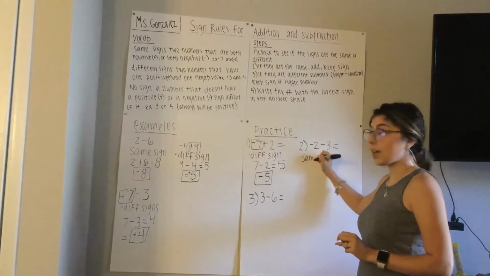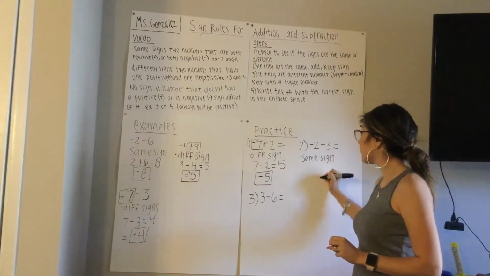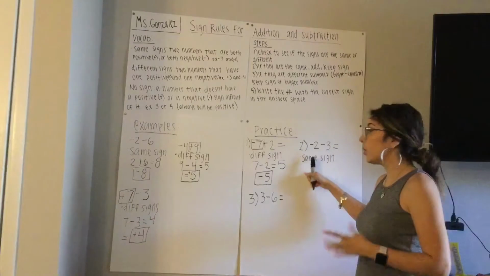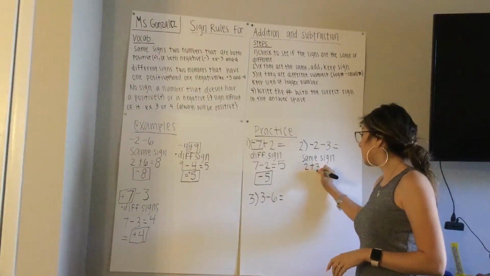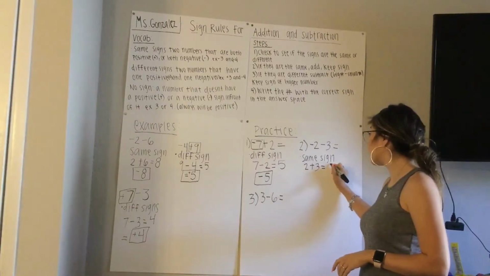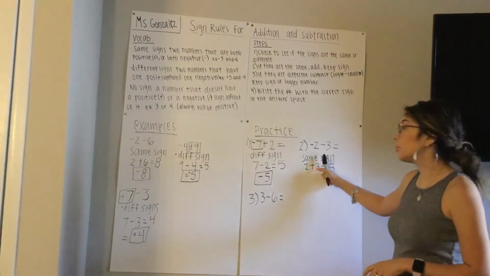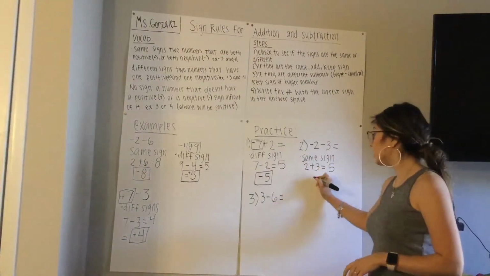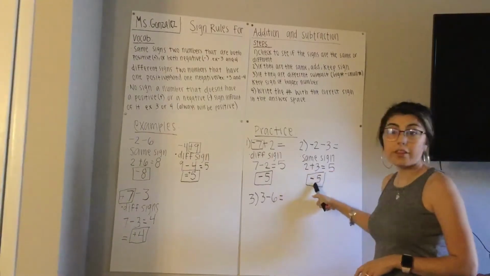So we have the same sign. They're both negative. We're going to add 2 plus 3 equals 5. And again, we keep the sign. Gives us another negative 5.